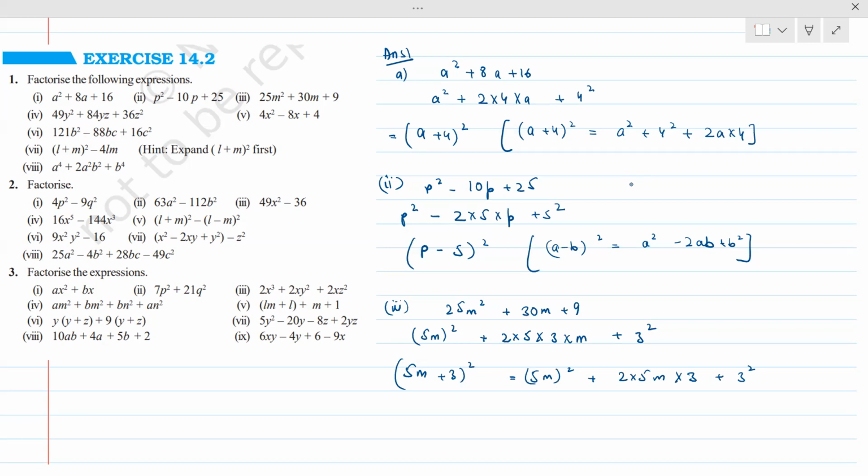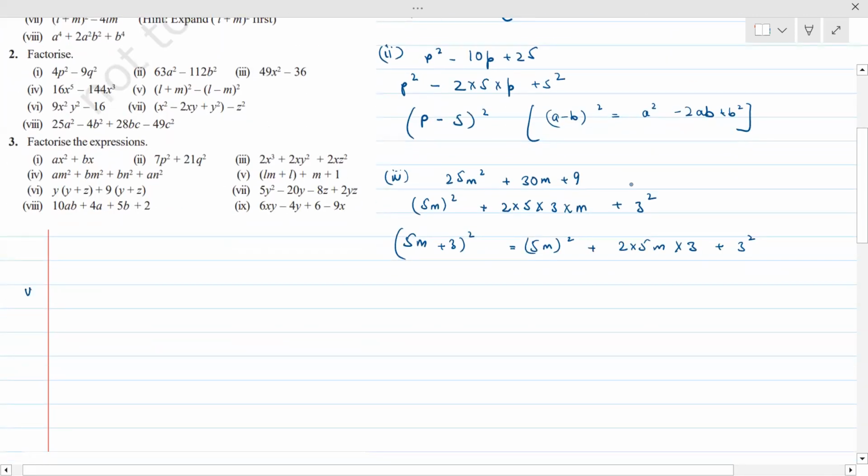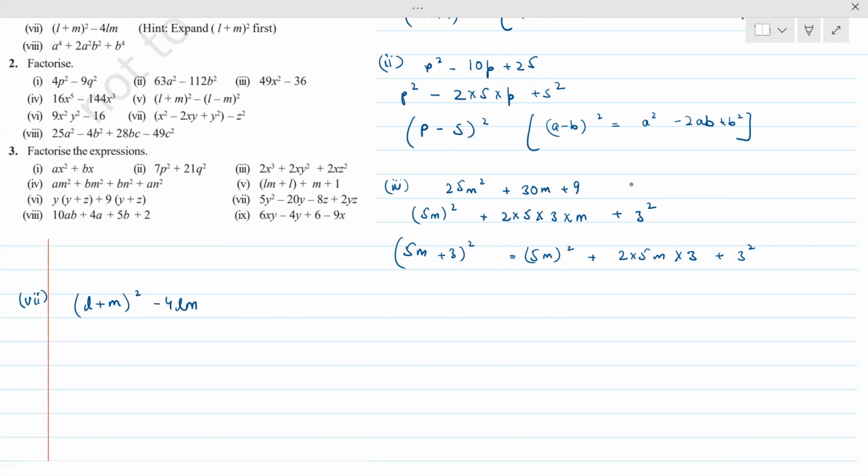Now let's take another part. Seventh part. The seventh part of the first question is l plus m whole square minus 4lm.